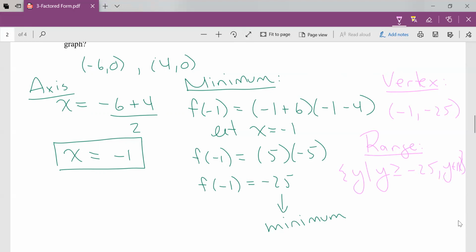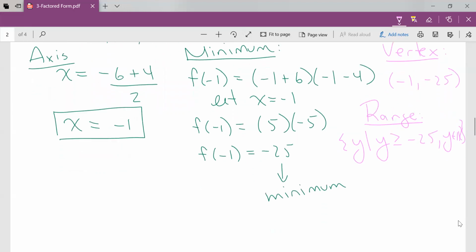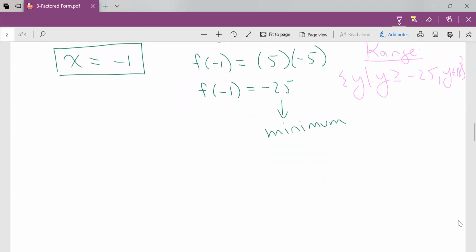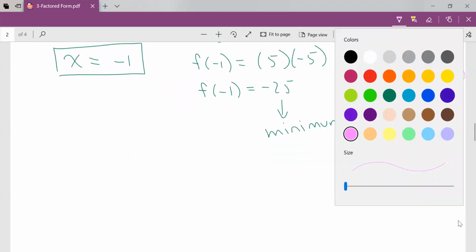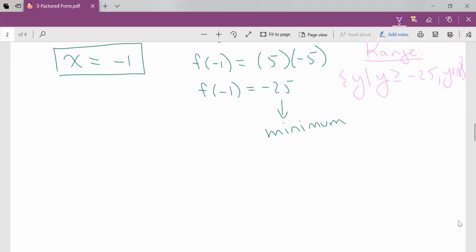And then the last thing, friends, well, we've got pretty much everything. The only thing I think we're really missing is the y-intercept. Well, to find a y-intercept, that's when x is 0. So all I'm going to do again is go back to my function and let x be 0.